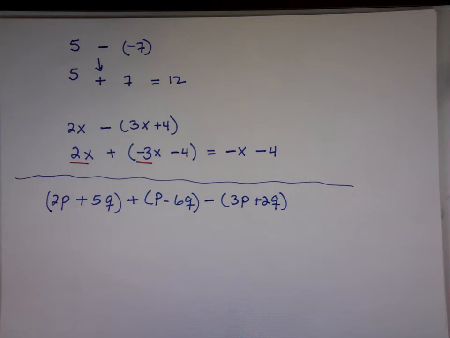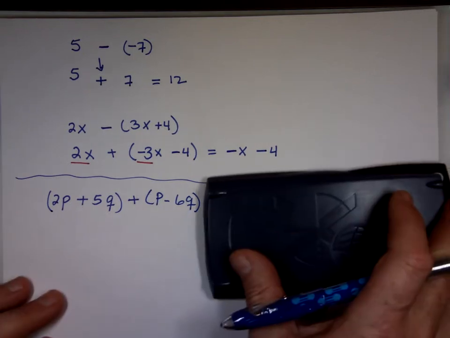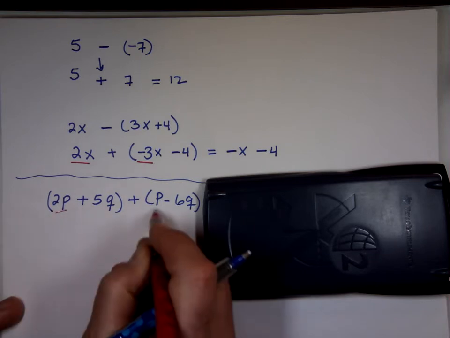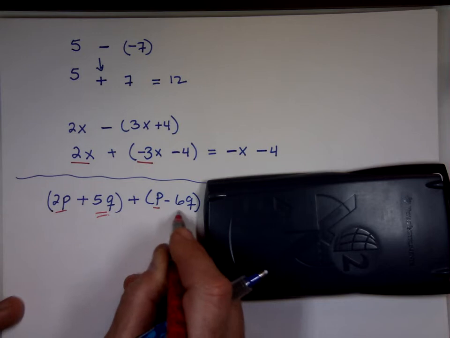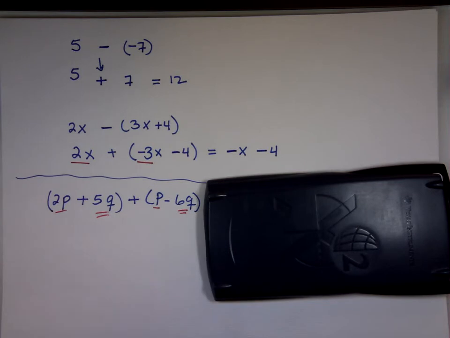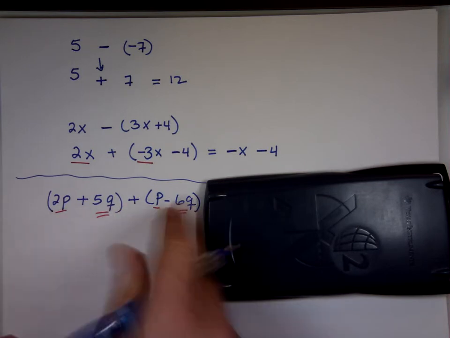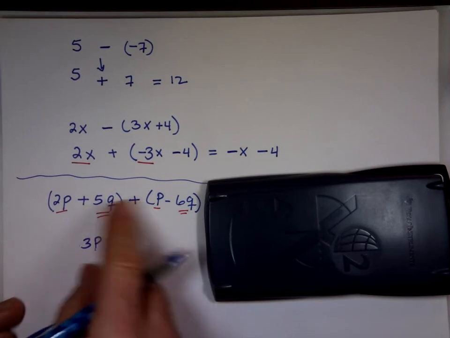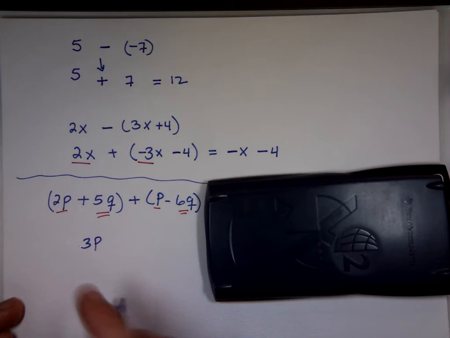Cover the last piece and just find the answer to the first two. What do we have here? This and this together, and this together. What is 2p plus p? 3p. What's 5q plus negative 6q? Negative q.